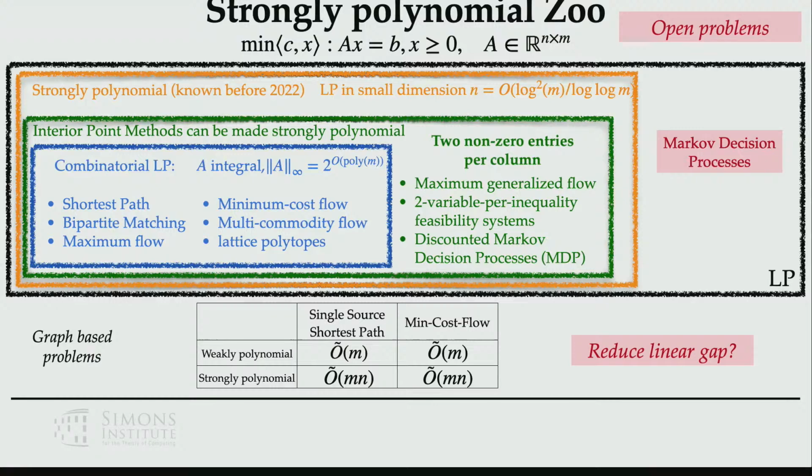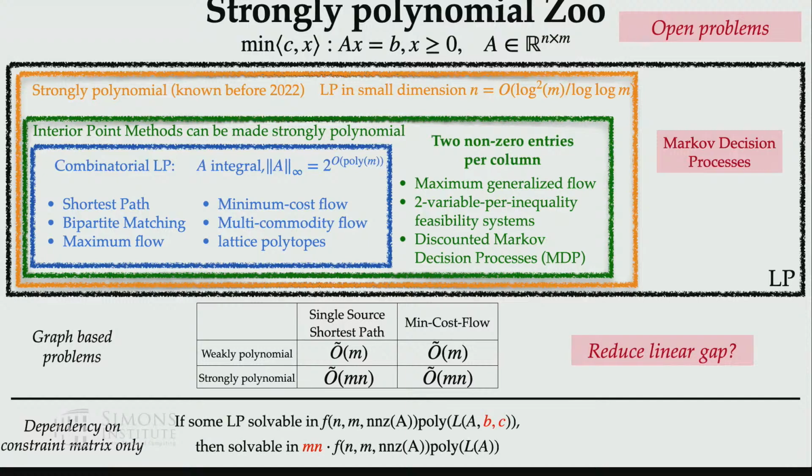And this question you can generalize to general LP. If I allow a bit complexity dependency on the constraint matrix, but not on my objective or my right-hand side, then what you can do in general is that if you have a class of linear programs that you can solve in running time that is some function of the dimensions and the number of non-zeros, and then is polynomial in the bit complexity of A, B, and C, then you can turn this into a strongly polynomial time algorithm that does not depend on the bit complexity of B and C anymore, but now has an additional quadratic term in running time.